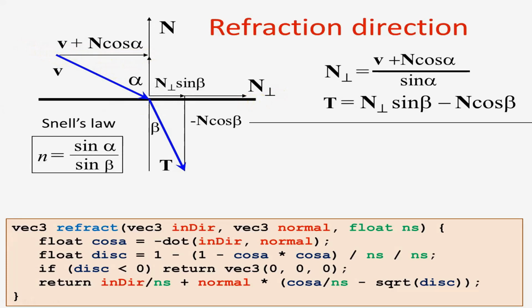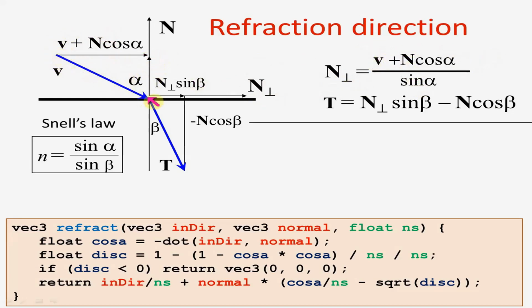The only difference is that n perpendicular is assumed to be a unit vector. So to get n perpendicular, we take this vector and normalize it, which means that we divide with the length of this vector. The length of this vector is just sine alpha because here we have a right triangle where the hypotenuse is 1.